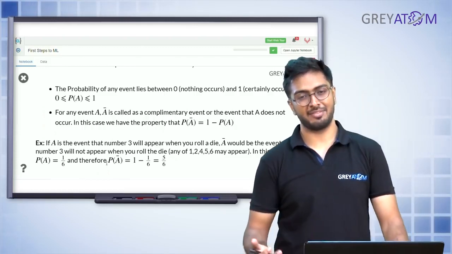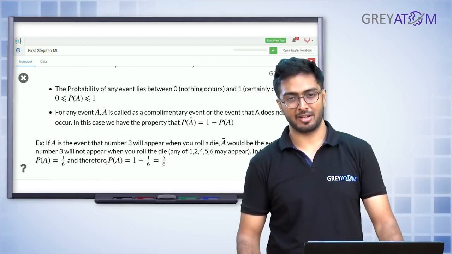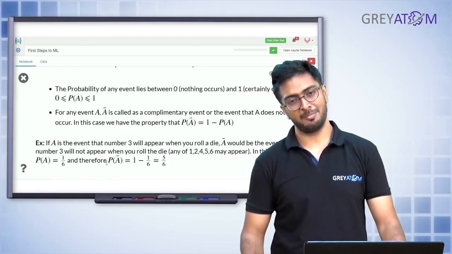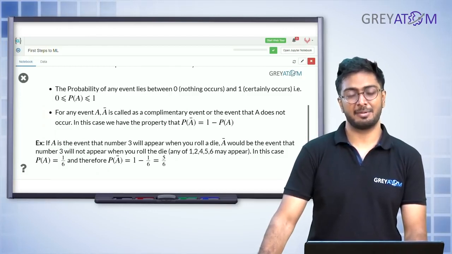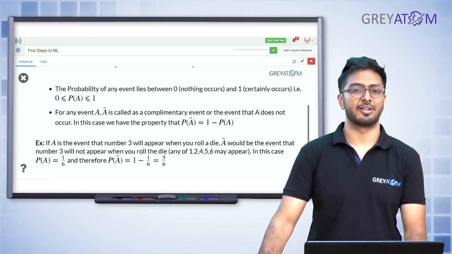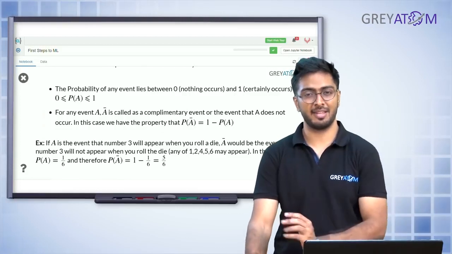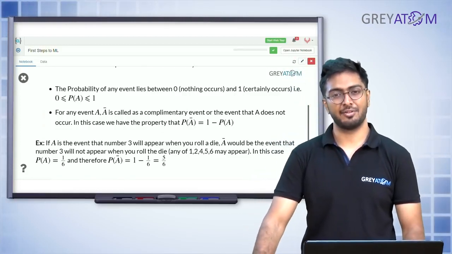So if my event A is India playing the FIFA World Cup, and the probability of that is 0, A dash is basically the event that India would not be playing the FIFA World Cup, right? So A was the event India would be playing, and A dash is the event India would not be playing, right?